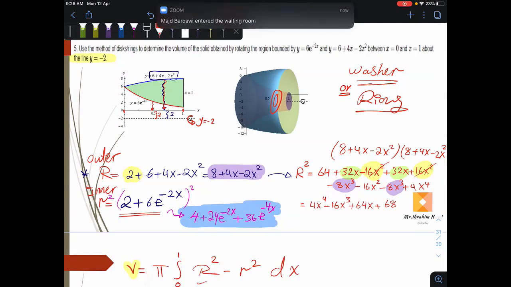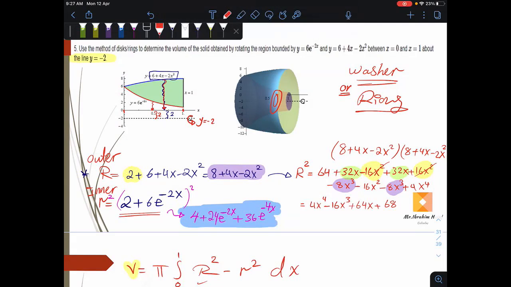We move 2 more units beyond the x-axis to reach the axis of rotation, y equals -2. That's why we add this 2. Add 2 to the farthest curve and add 2 to the inner curve, the nearest curve.